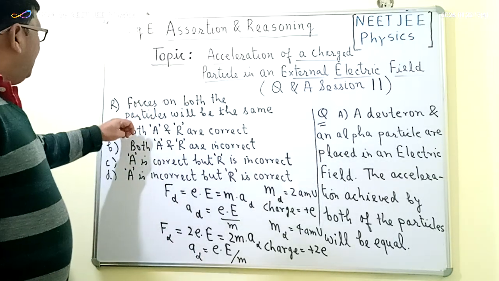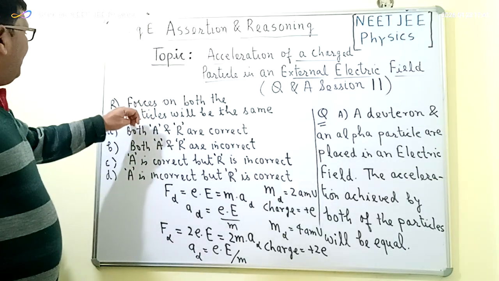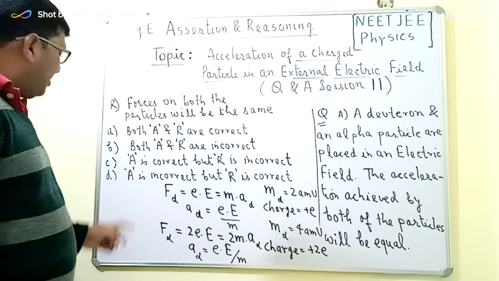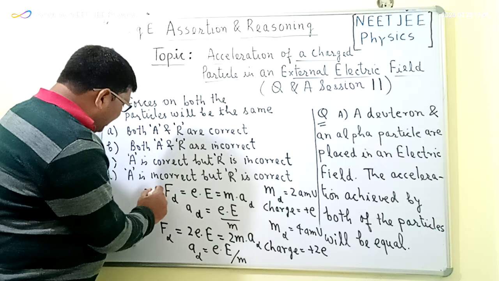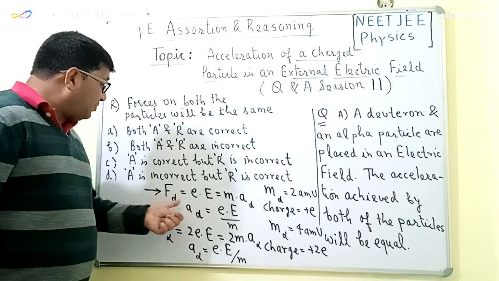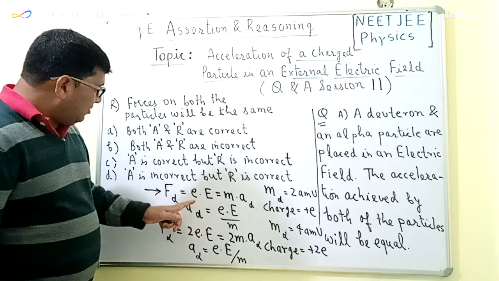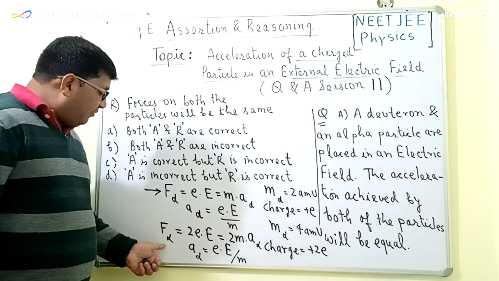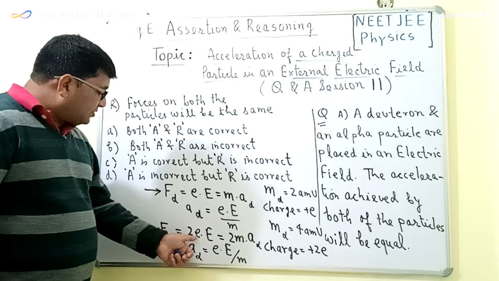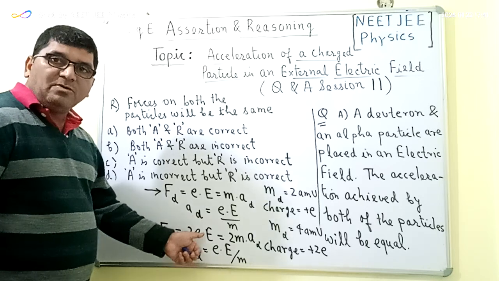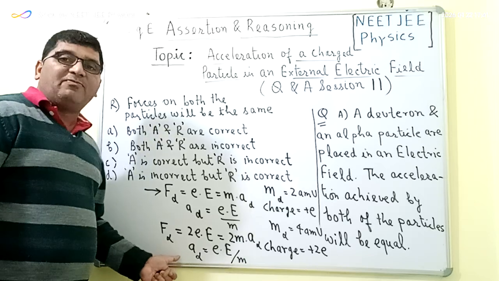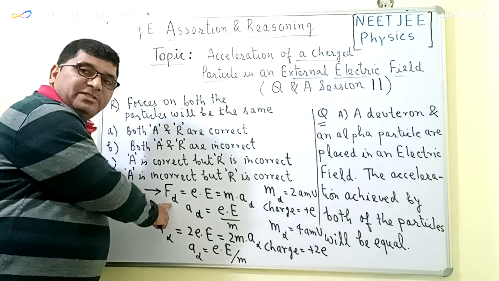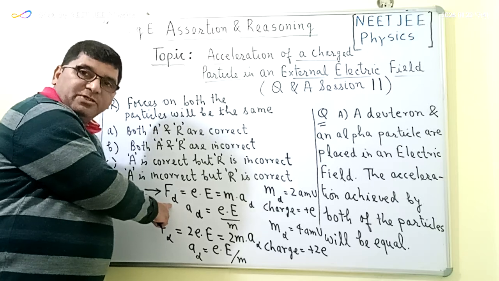Now in the reasoning we have been given the statement which says that the forces on both the particles will be the same. But the electrostatic force on the deuteron is equal to small e multiplied by capital E, whereas the electrostatic force on the alpha particle is equal to 2 into small e into capital E. So the electrostatic force on the alpha particle is just double the value of the electrostatic force on the deuteron.